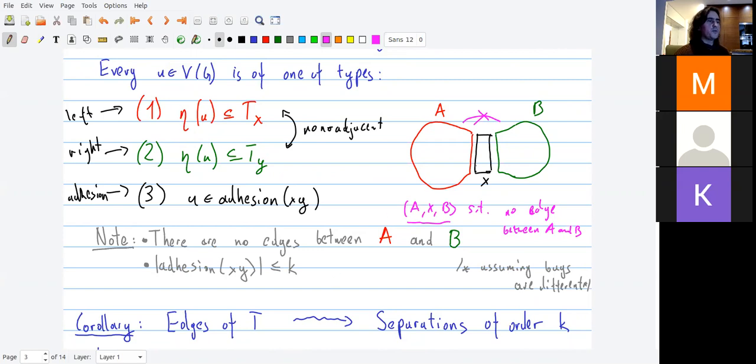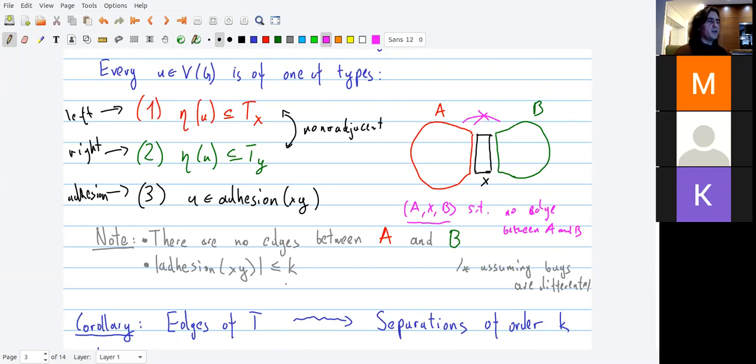And observe that the size of this adhesion, the intersection of the bags, is definitely bounded by the sizes of the bags, and actually by the sizes minus 1 if I assume that the bags are pairwise different. I can always assume this because whenever I have two neighboring nodes with exactly the same bags, I can always contract this edge and just keep it once.